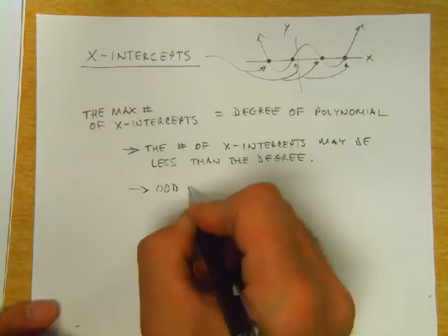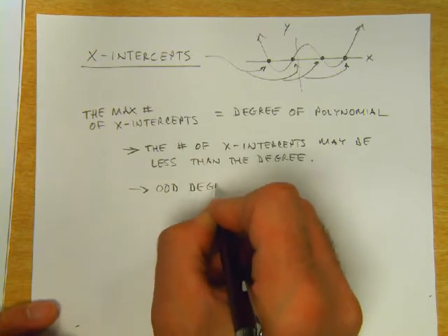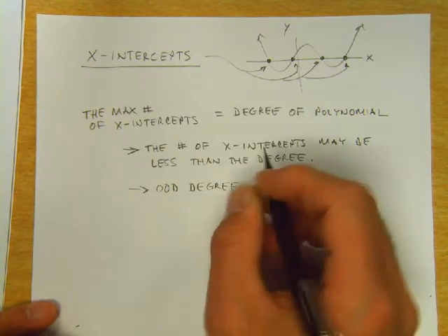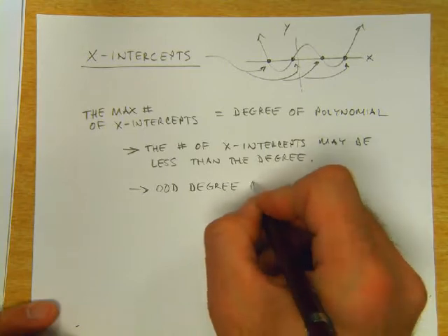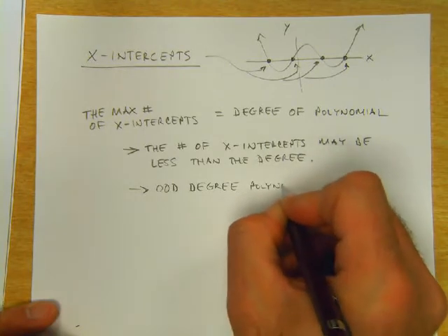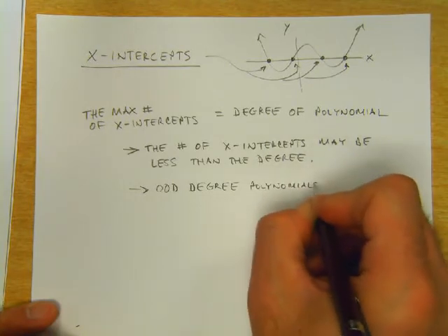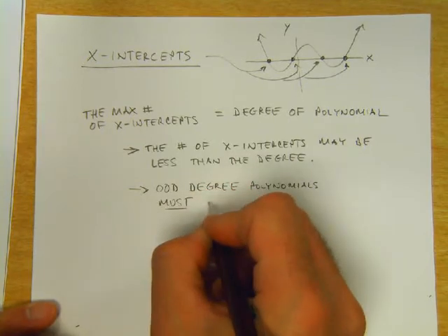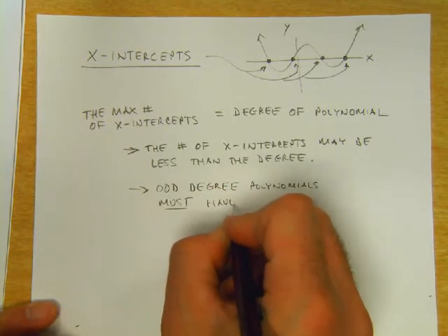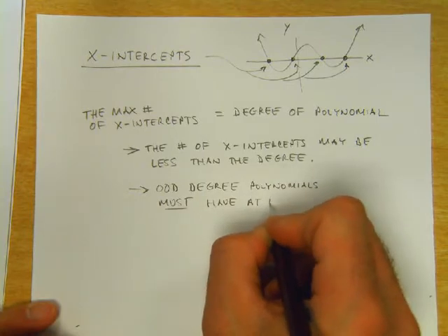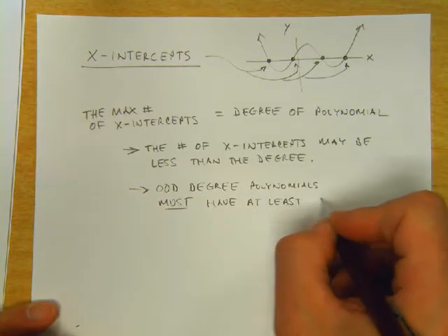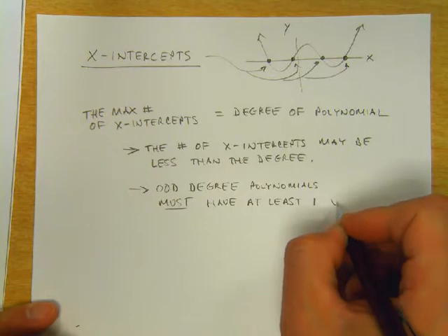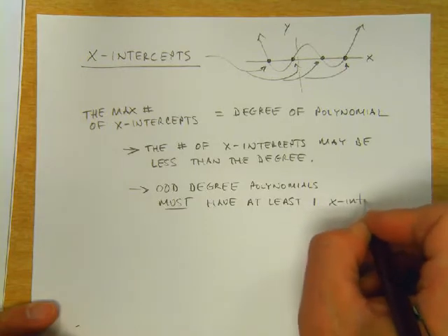Odd degree polynomials must have at least one x-intercept.